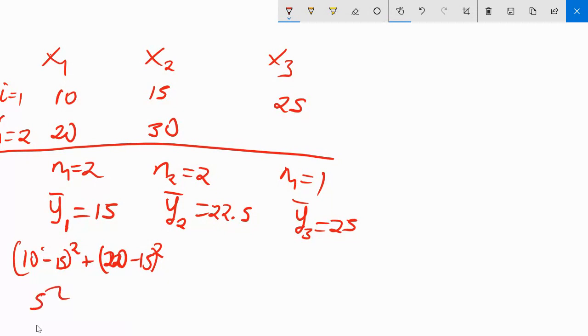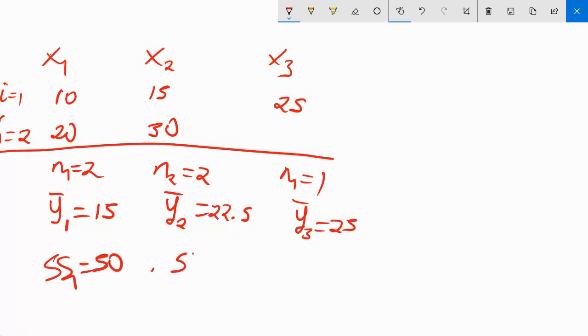So this is 5 squared plus 5 squared, and this will give us 50. Is it correct? This means we have SS1 equal to 50.